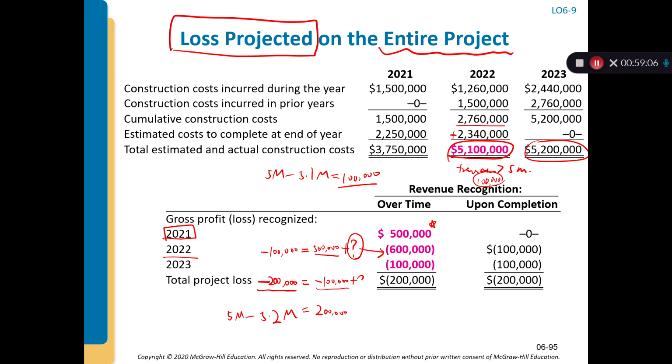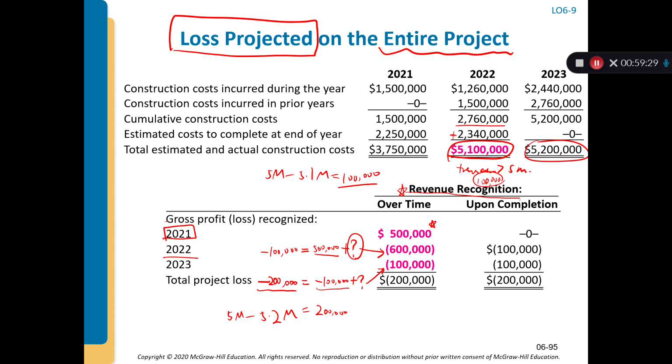And then what is the question mark? The question mark is only going to be 100,000, right? Because 500,000 minus $600,000 is negative 100,000, and then minus another 100,000 is negative 200,000. Okay, so this is what our revenue recognition over the period is going to look like, right?